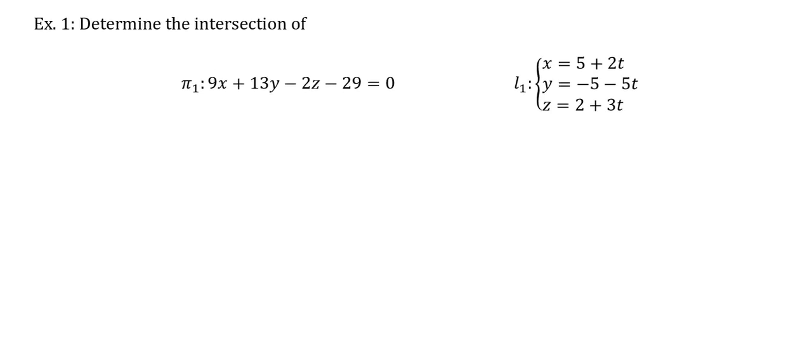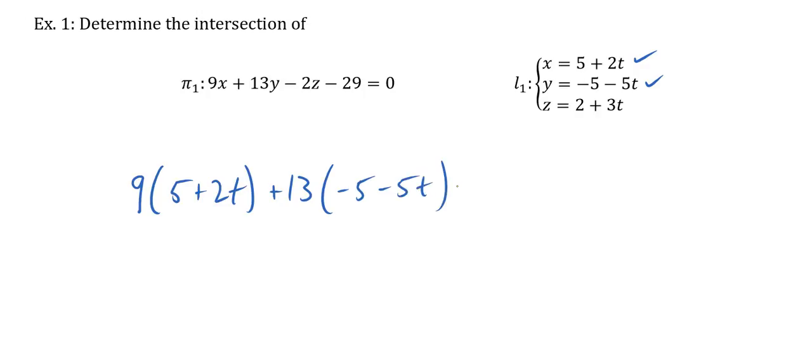Let's take a look at an example. This one's nice. It's already given to us in parametric form. Hopefully you don't mix up which one's the line and which one's the plane. And all we do is take the plane and 9x, but x is given over here. So 9 times (5 plus 2t) plus 13y, but y is given over here. So negative 5 minus 5t, minus 2z, z's over here, (2 plus 3t), minus 29 equals 0.